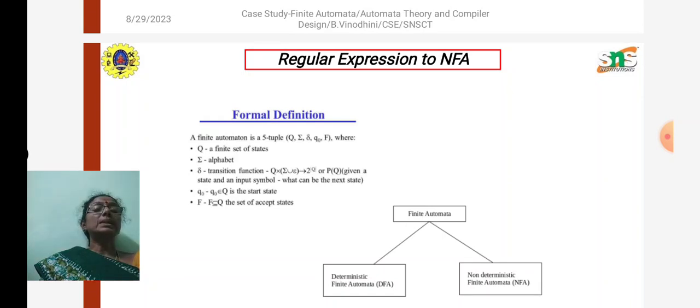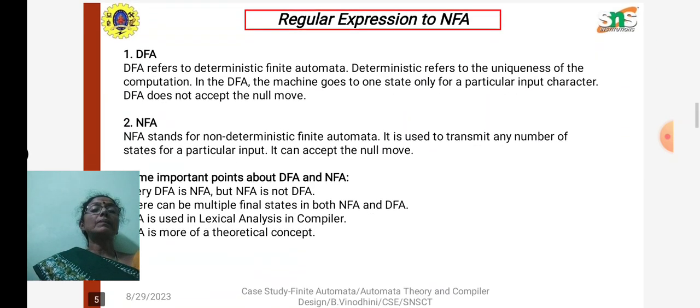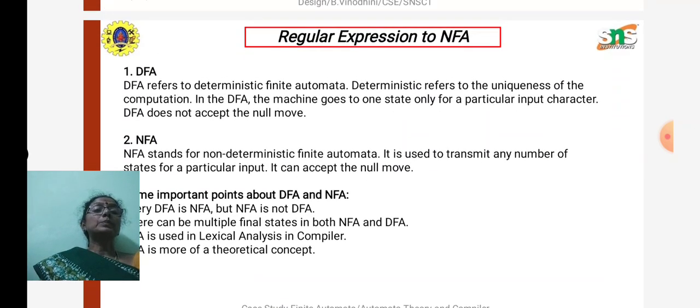Next is an NFA, a non-deterministic finite automata. In an NFA, from a state on a transition we can go to multiple states. For a regular expression, we have to convert it into an NFA.